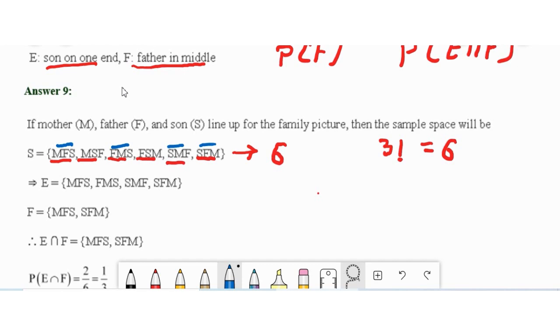So I am writing over here MFS, FMS, SMF and SFM because these are the possible outcomes: 1, 2, 3, 4.